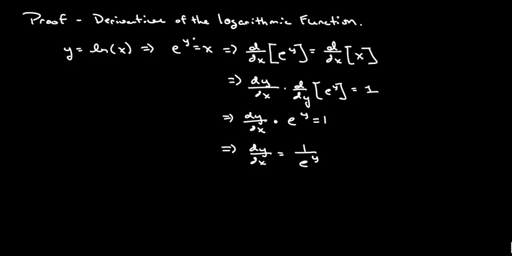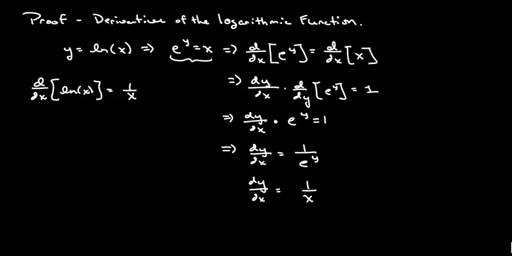But we know e to the y is x by this relationship right here. So that means dy dx is equal to 1 over x. So there it is. What we've now found is the derivative of the natural log of x, that's 1 over x. Just like that.